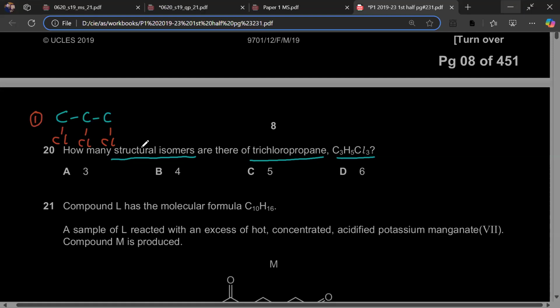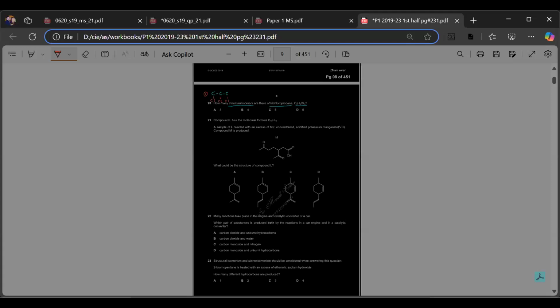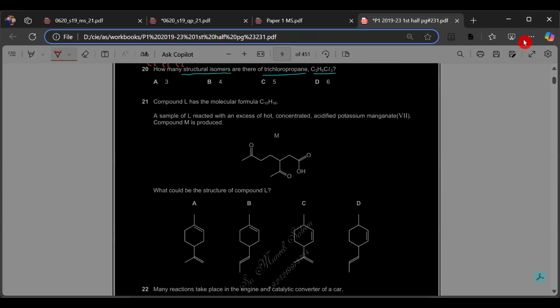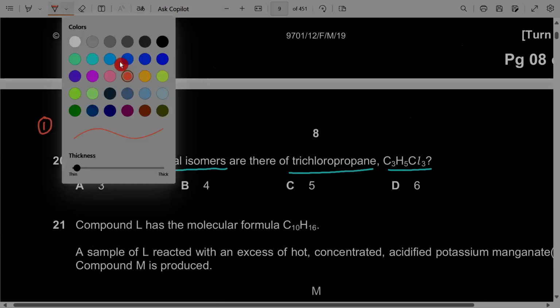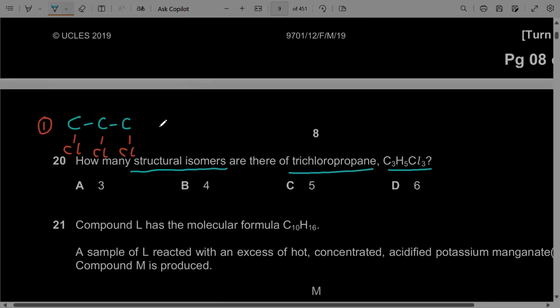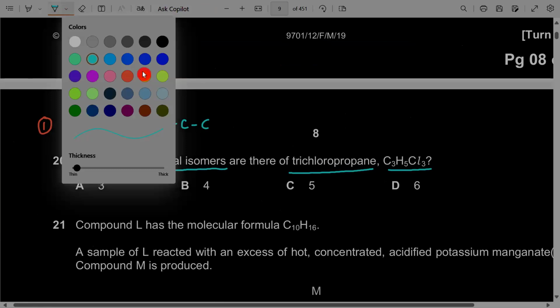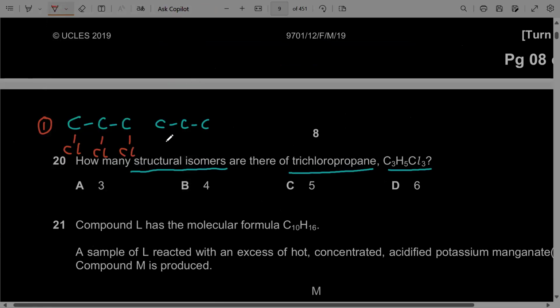Now I will draw another isomer. The other isomer will again have 3 carbon atoms, but this time the position of the chlorine atoms will be changed.